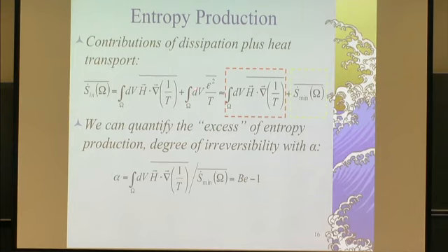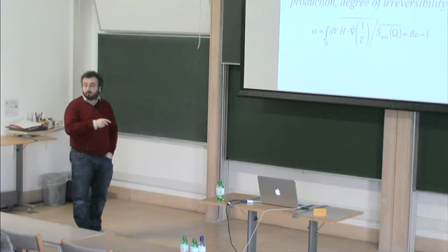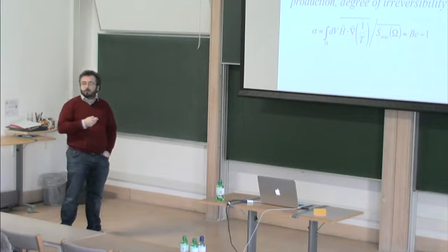We can quantify the excess of entropy production with an index, which we can call the index of irreversibility, that tells you the excess of entropy production relative to the minimum you could have. There is an index in the literature, mostly the engineering literature, by Adrian Bejan, who used this to study convection problems, basically.